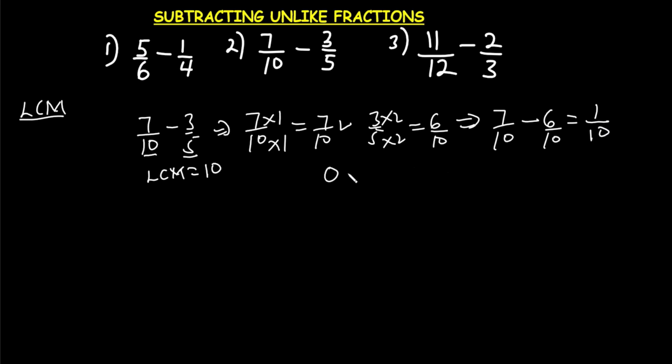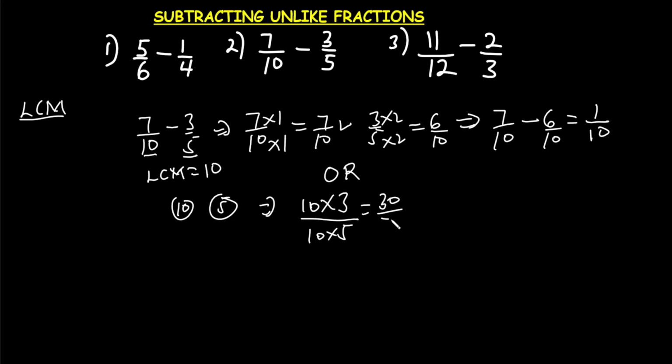Now what if you don't know the LCM, which is 10? We are going to take the 10 and also the 5, and then use the 10 to multiply the second fraction, which is 3 over 5, and also use the 5 to multiply the first fraction, which is 7 over 10. So I'm using the first denominator to multiply the second fraction: 10 times 3 over 10 times 5. 10 times 3 gives me 30, and 10 times 5 gives me 50.